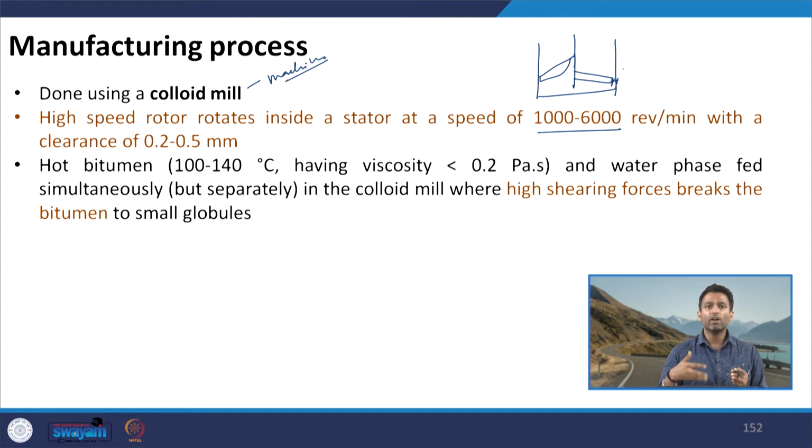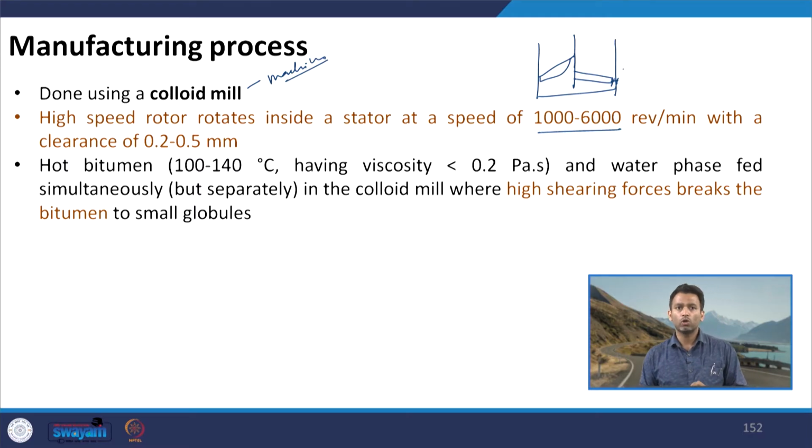For this we have to heat the bitumen to a temperature of around 100 to 140 degrees Celsius, and then the water phase is also fed, but the water of course is not heated to a very high temperature because evaporation, boiling of the water, will start. So water is kept at a relatively lower temperature while bitumen is in a heated form.